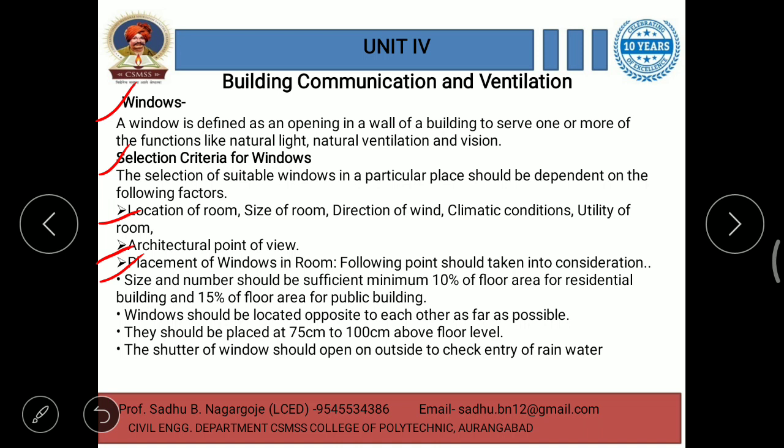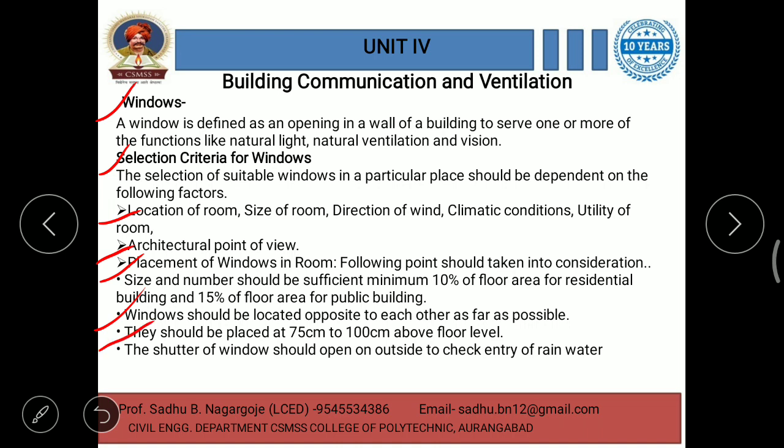First, size and number should be sufficient. Minimum 10% of floor area of residential building and 15% of the floor area of public building should be covered by windows. This is the criteria. The windows should be located opposite to each other as far as possible.